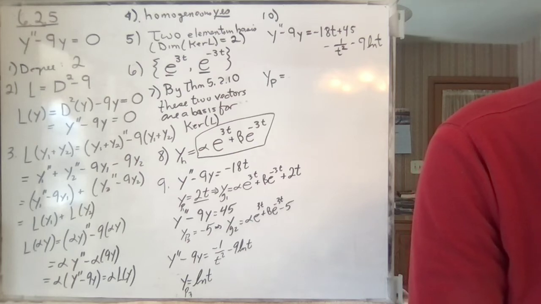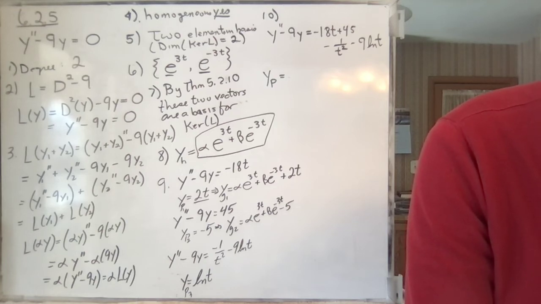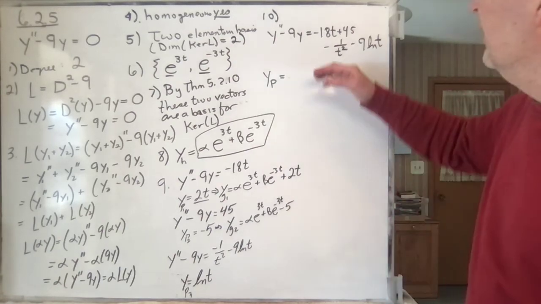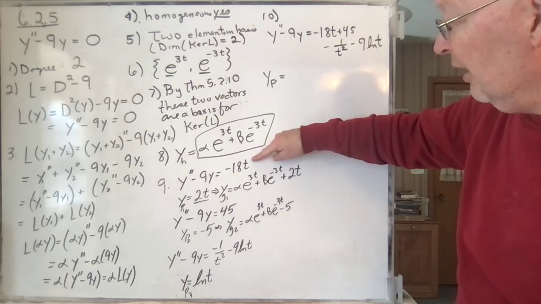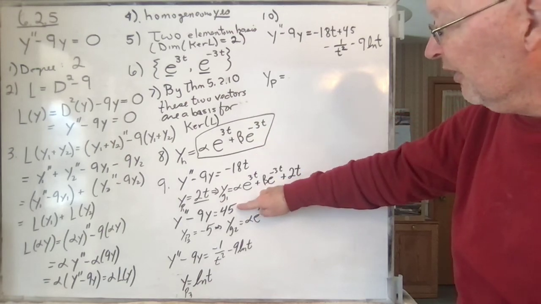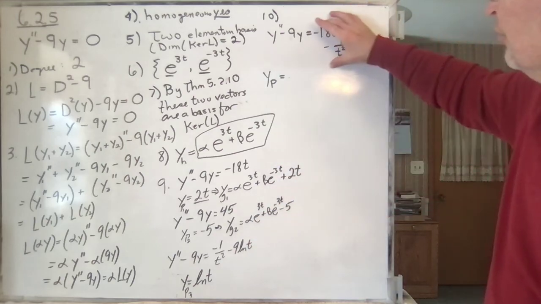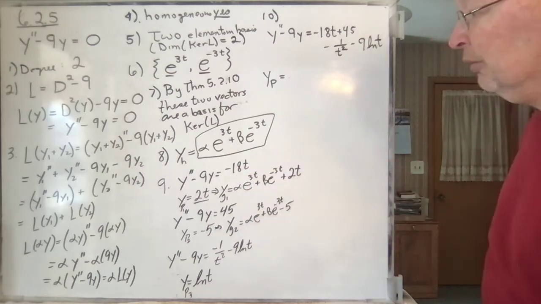It says if you have the particular solution to this thing, and you have the particular solution to this thing, and you have the particular solution to this thing, then the particular solution to the whole is just what you get by adding these three particular solutions.